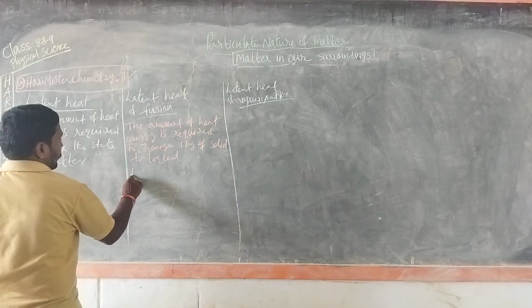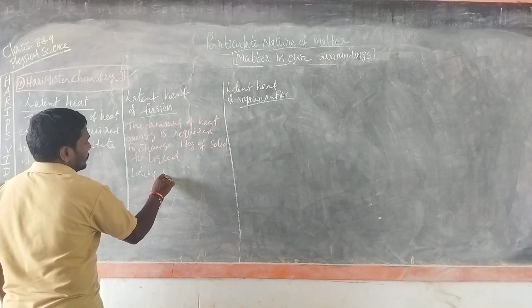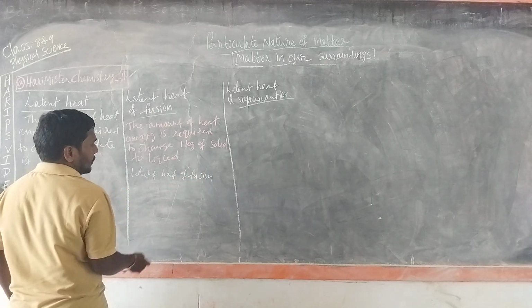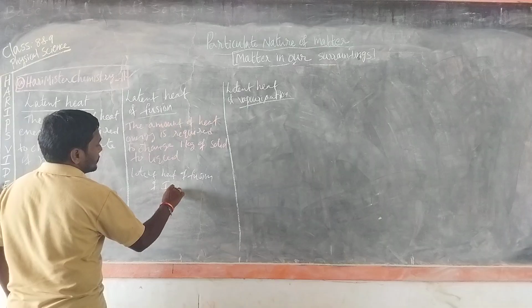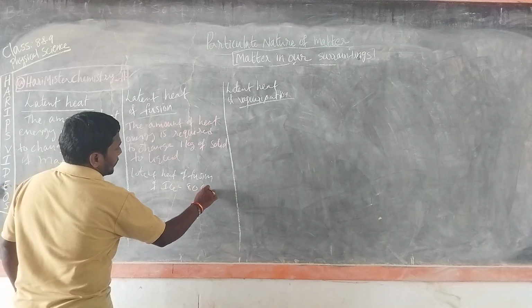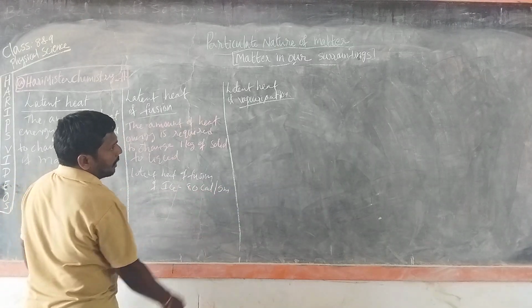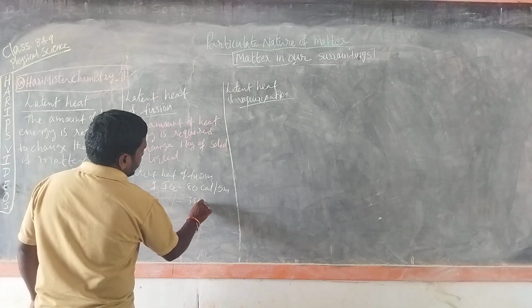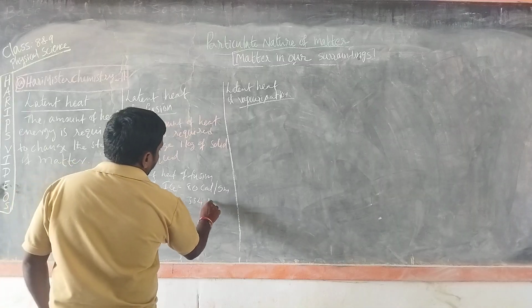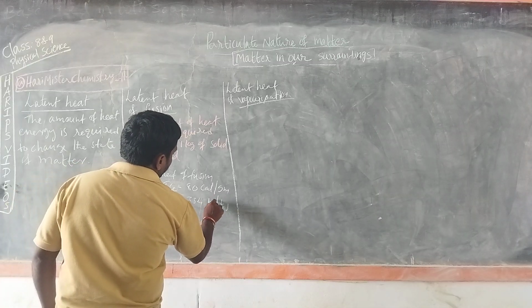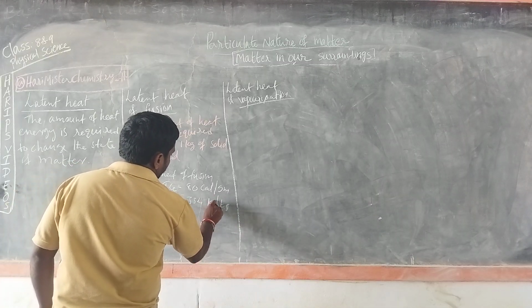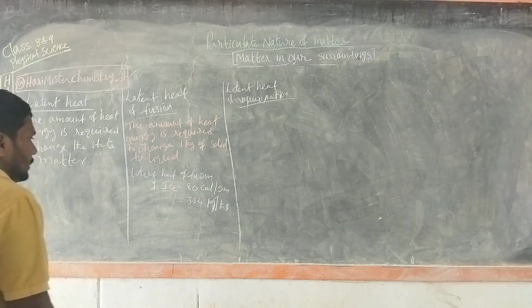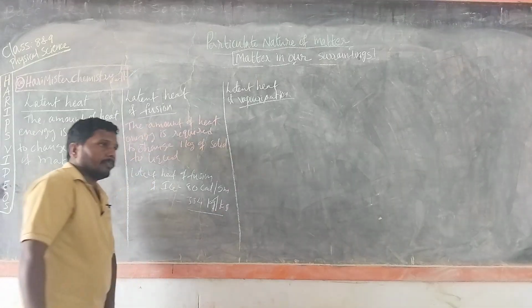The latent heat of fusion of ice is equal to 80 calories per gram, or 334 kilojoules per kg.